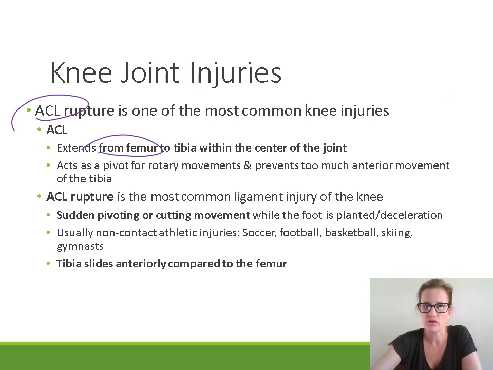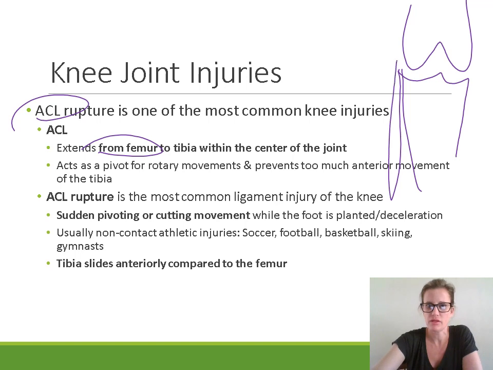So here, let me draw the femur, the tibia, and then we'll do the fibula over here. So it starts on the inside or medial side of the lateral condyle of the femur. And then it extends downward towards the front and center of the knee.